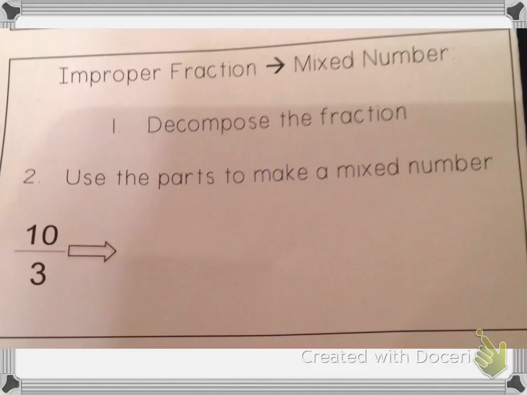When you decompose an improper fraction, I want you to think about as many wholes that you can make. So what I mean is, if I know that 3/3 makes one whole, I want to see how many times I can do that without going past 10. So 3/3 plus 3/3 would be 6/3, so I haven't passed 10 yet.